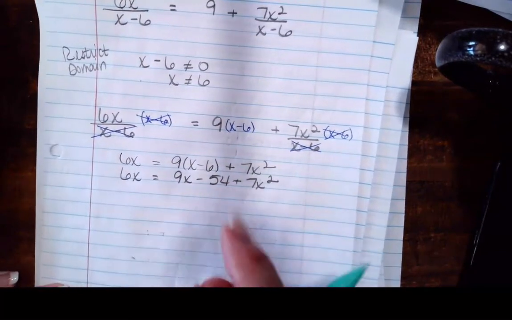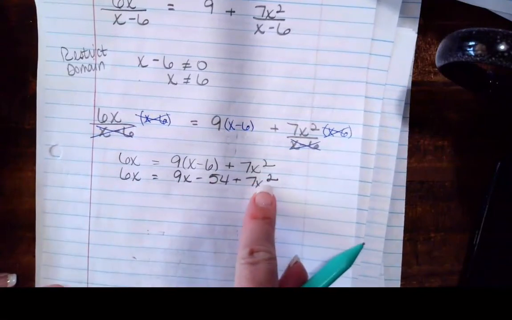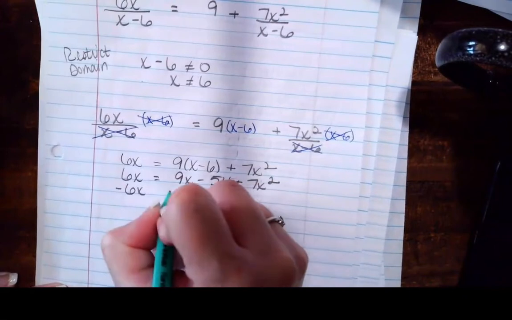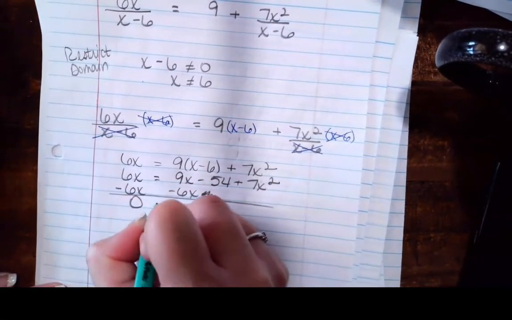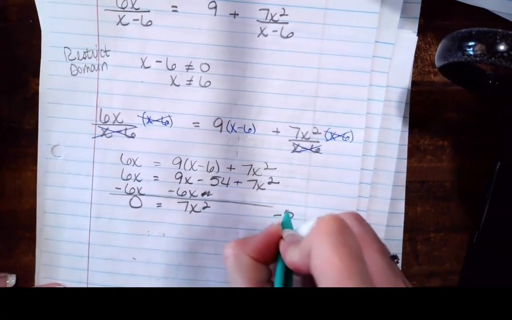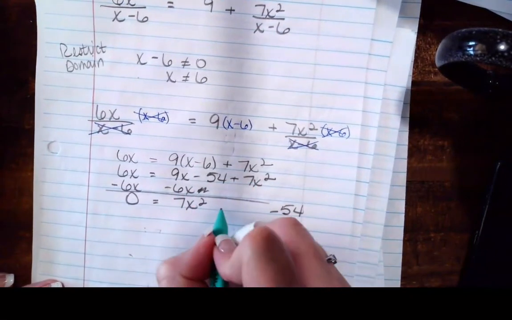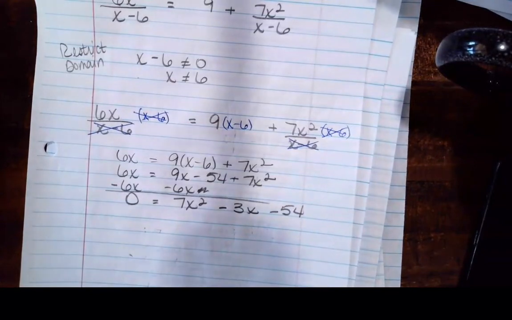I'm going to set it equal to 0, but instead of putting my 0 over here, I'm going to put it over here because that means my lead coefficient will be positive. So I've got minus 6x. So I get 0 equals, and now I'm going to put it in descending order. So 7x squared, 9x minus 6x is negative 3x, and then I've got a minus 54.